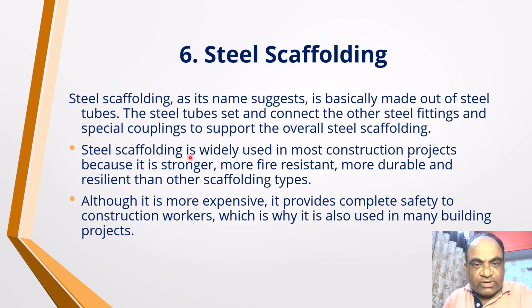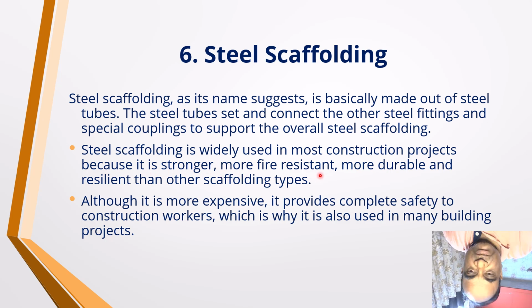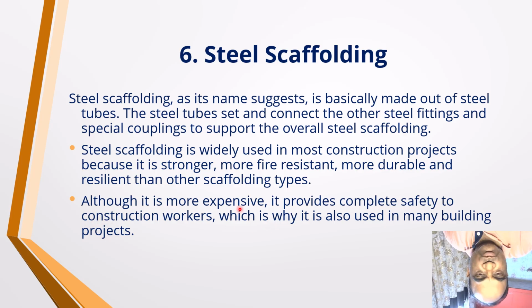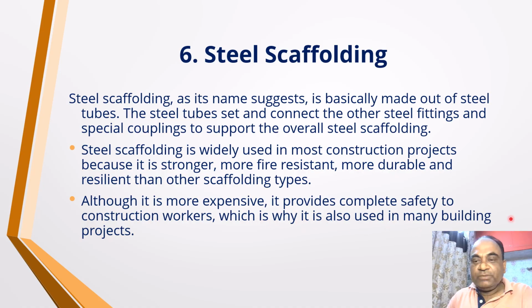Steel scaffolding is widely used in most construction projects because it is stronger. It is fire resistant, more durable, and more resilient than other scaffolding types. Although it is more expensive, it provides complete safety for construction workers, which is why it is used in many building projects.